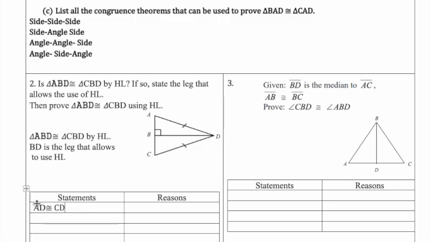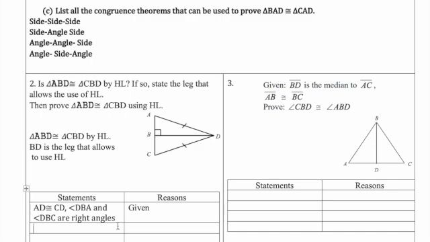I'm not going to write the line segment pieces because it's just too hard. And we also know that angle BAD, right, and angle DBC are right angles. Okay, this is given.